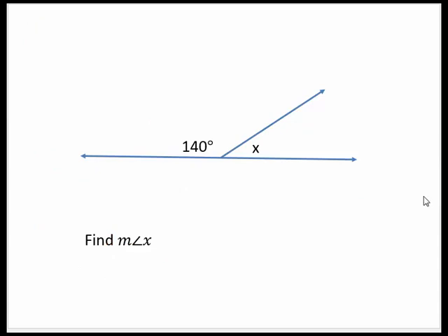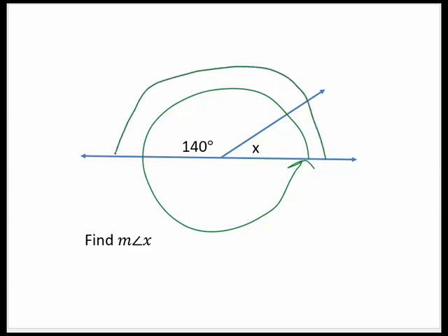Now, we just talked a little bit ago that if we go in a full circle like this, that's 360 degrees, right? Well, then we know that from here to here is 180 degrees. So these two angles in this diagram are supplementary angles. They combine to add to 180 degrees.